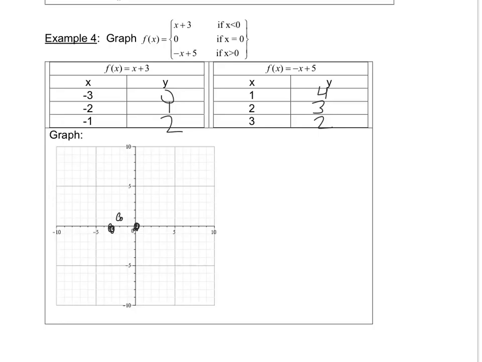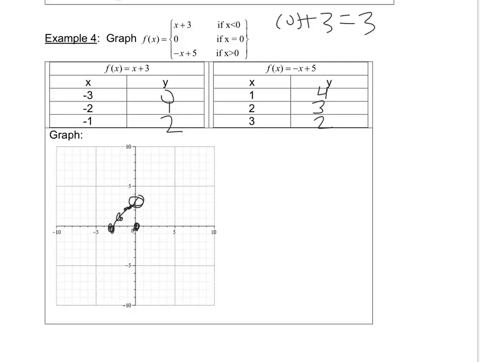And -1, positive 2. Now what you do is you still have to plug in 0 for this top one here, and you'll see what I mean. So if I plug in 0, you get 3. So if I go to 0, 3, you put an open circle.